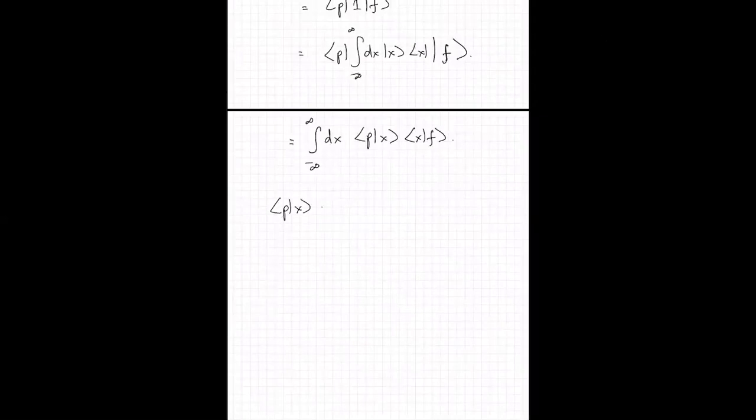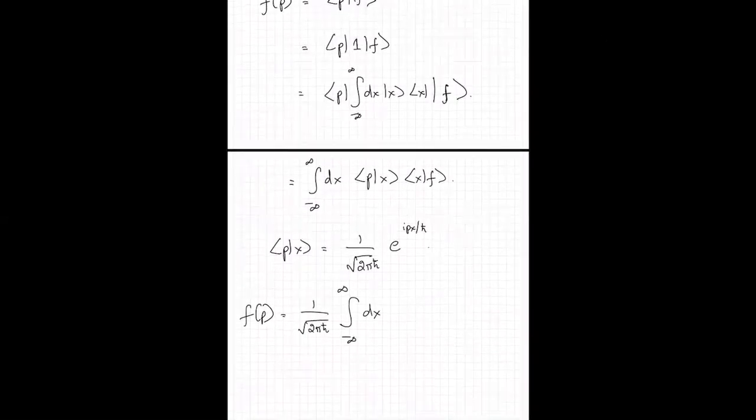So I can write <p|x> as 1 over square root of 2 pi h bar e to the plus ipx over h bar. So f(p) equals, I'll pull out the 1 over square root of 2 pi h bar, the integral from minus infinity to plus infinity dx.